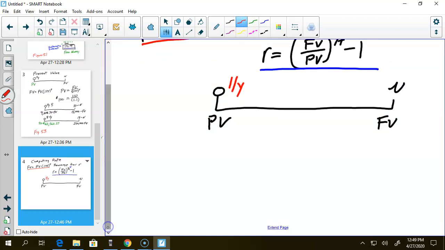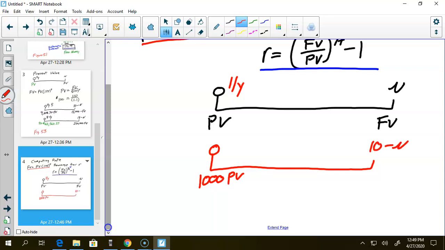All right, we'll go through a few examples again. So let's say we had $1,000 as our present value. We wanted to go 10 years out, and we wanted to turn that into, let's just say, 15,000. You know, what interest rate might make that happen if we could do that?